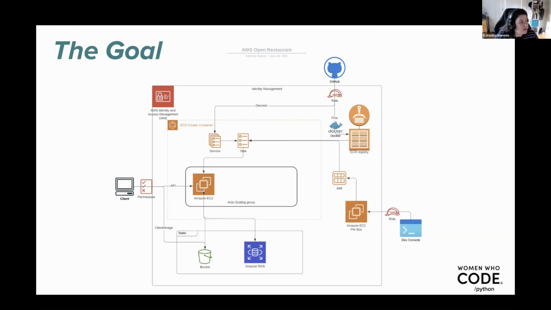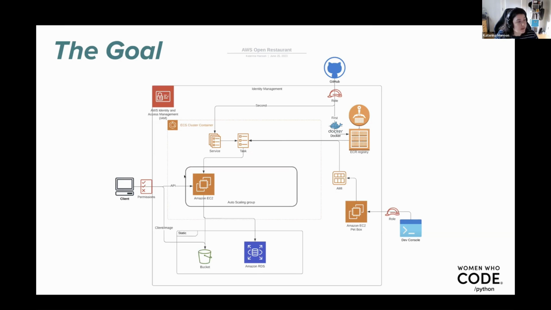And then this Amazon EC2 is set up to be able to talk to the database. It's set up to be able to talk to the S3 bucket. These never really change, so you really do only have to set them up once. And then the client is going to have a certain amount of permissions that's going to allow it to access the API or the bucket.